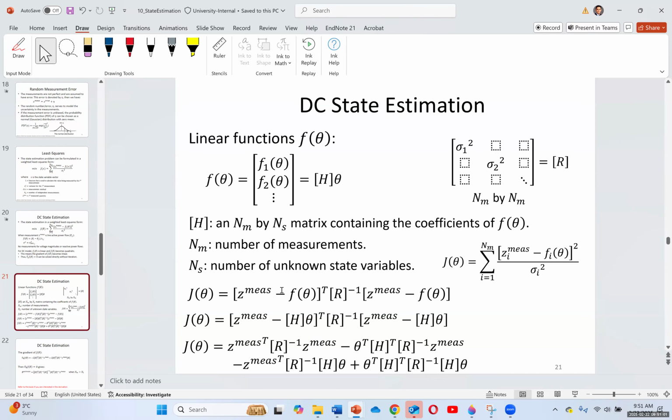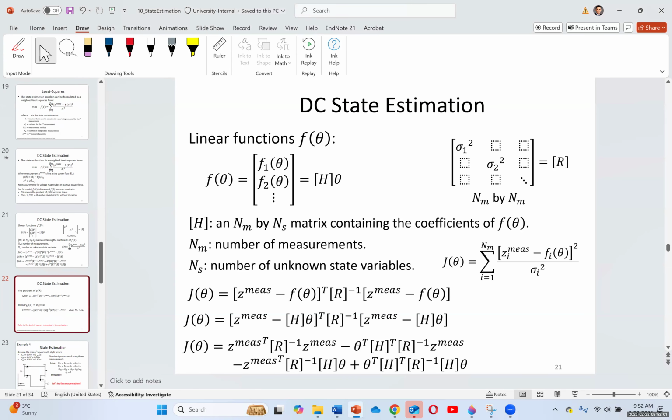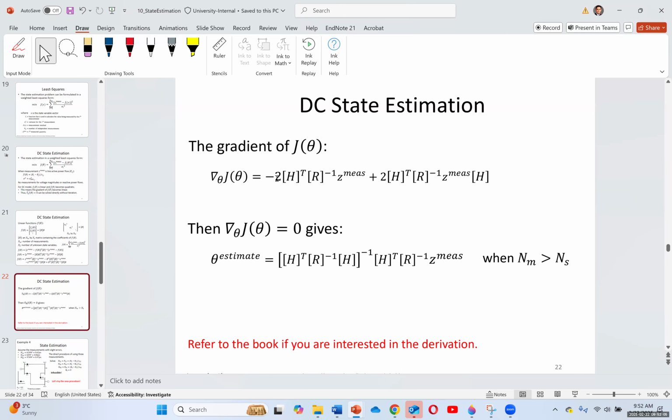When we calculate J(theta), it is (z mean minus H theta) transpose R inverse (z mean minus H theta). Now, the gradient of J(theta) is equal to negative 2 H transpose R inverse z mean plus 2 H transpose R inverse H theta. Setting the gradient to zero gives the estimated theta. The theta estimate is (H transpose R inverse H) inverse H transpose R inverse z mean, when nm is greater than ns.